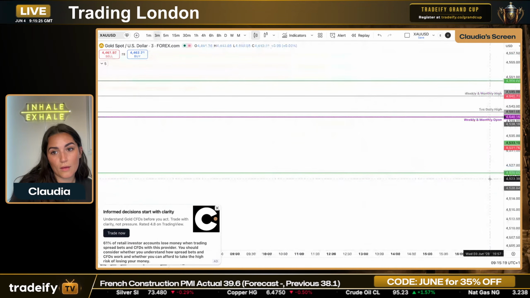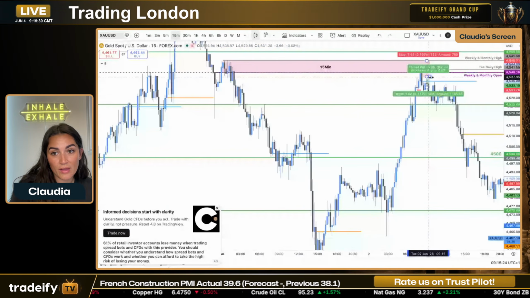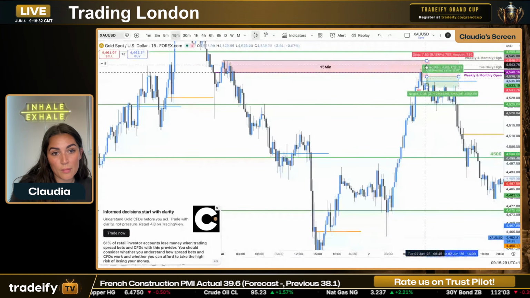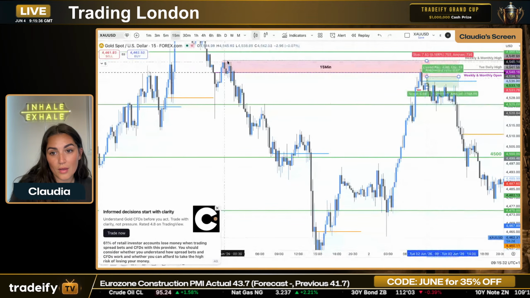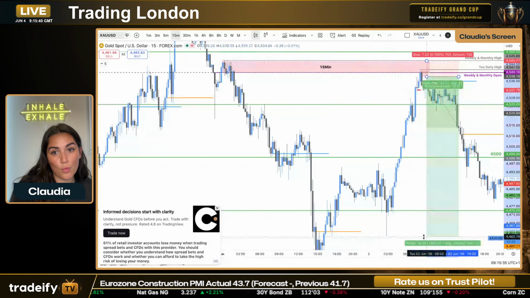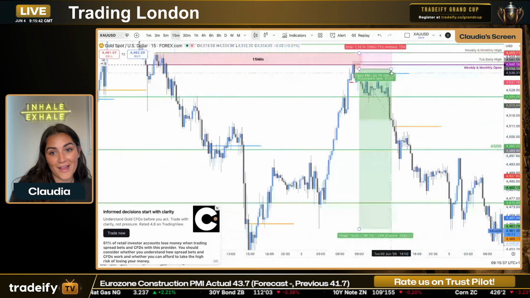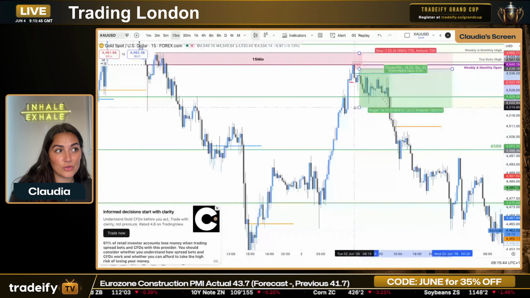Waiting for that higher confirmation entry from the 1 minute would have given us an entry here, with a stop loss above the high that created the zone. You could have held this the whole way down, which would have been a 1 to 10 risk to reward. But I do not recommend holding for that long unless you're a swing trader and that is your strategy.